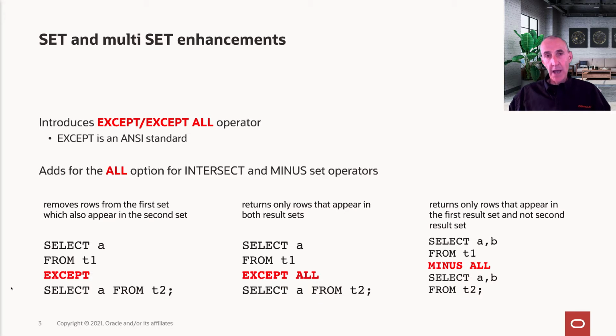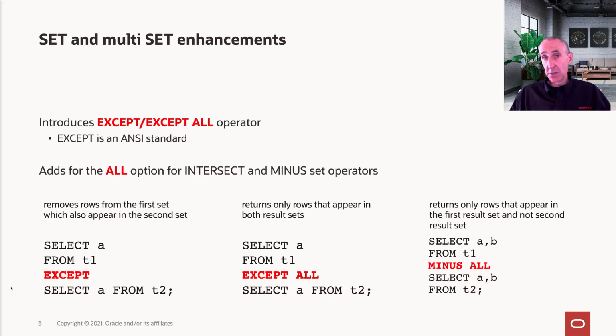A lot of you use some of the Oracle syntax when you're writing your queries for set operations, but a lot of you want to use the standard ANSI syntax for these types of operations. So we've listened to what you've said and we've extended the capabilities inside the database. We now accept things like the EXCEPT and EXCEPT ALL operators within your queries for doing set operations, and we've extended the INTERSECT and MINUS keywords for set operations to also include ALL.